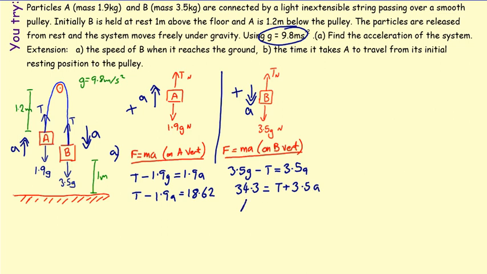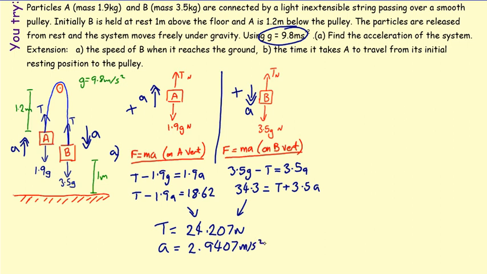Okay? Plug that into your calculator, and you'll get values for T to be 24.207 newtons, and the acceleration to be equal to 2.9407 meters per second squared.